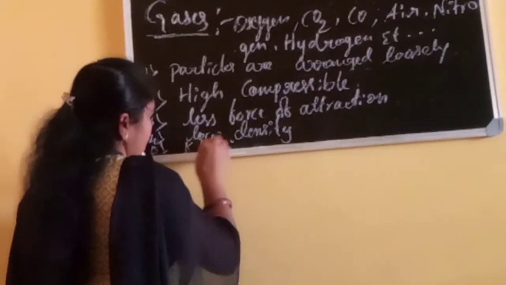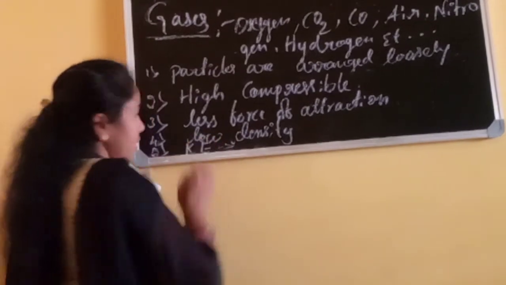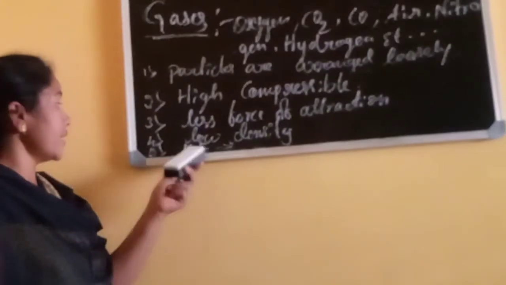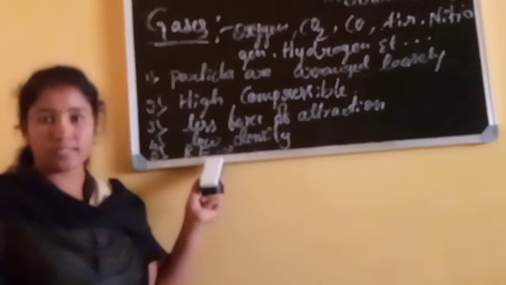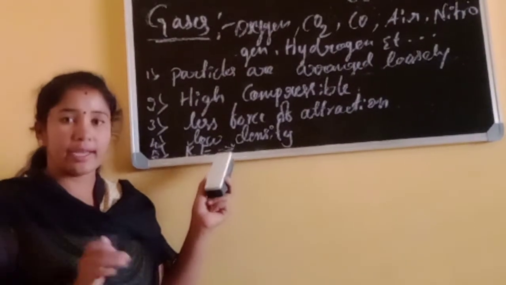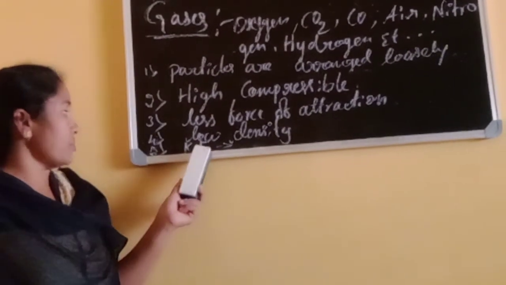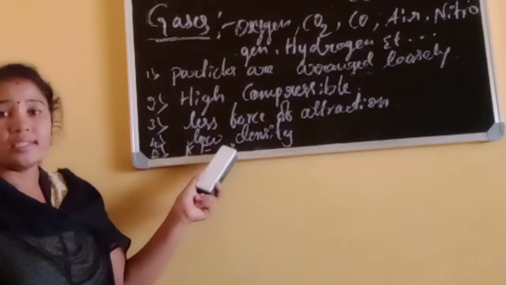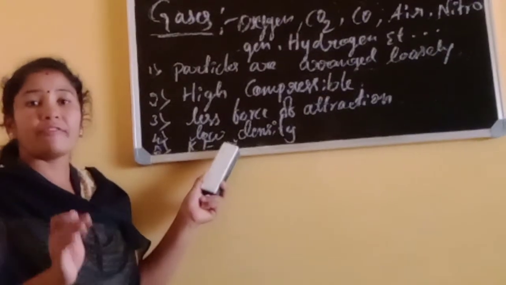Kinetic energy means what? Dear students, you already learnt in 8th standard kinetic energy and potential energy. These are the types of mechanical energy. Kinetic energy means the energy possessed by virtue of its motion.